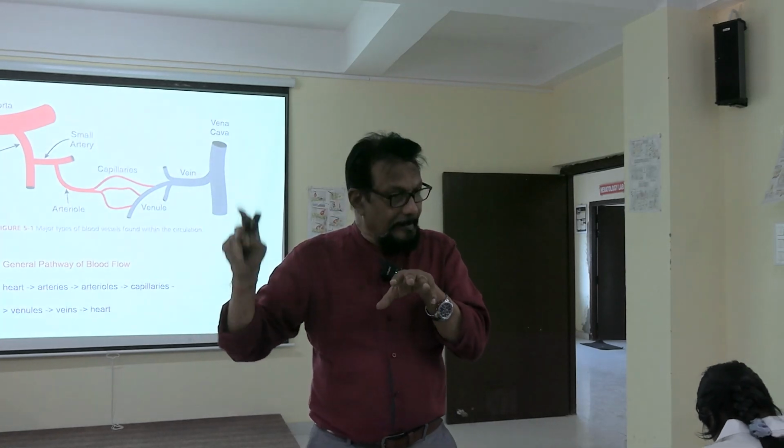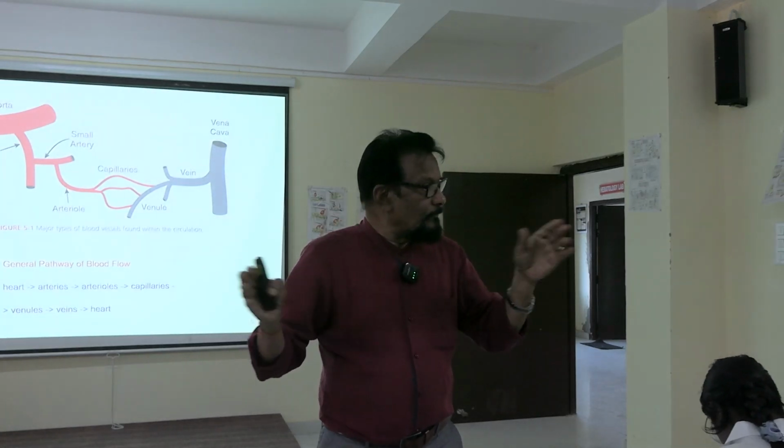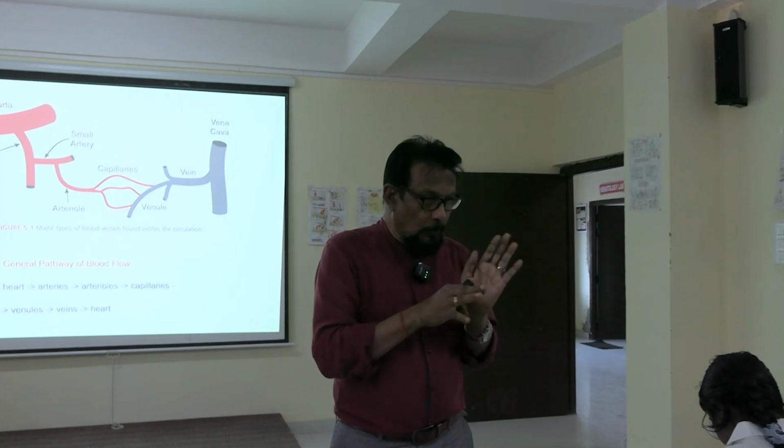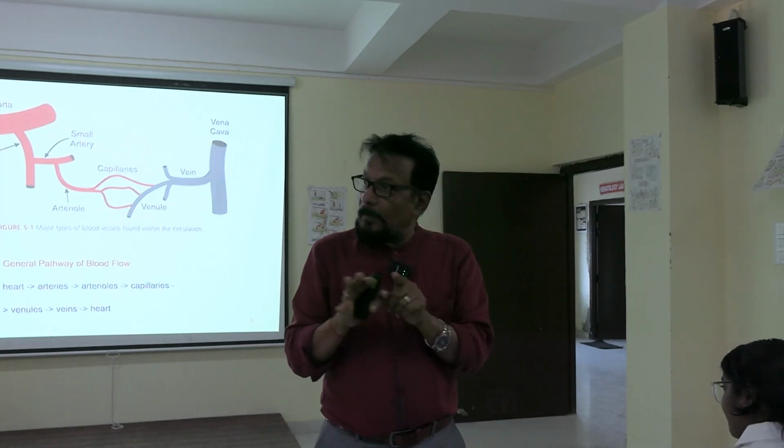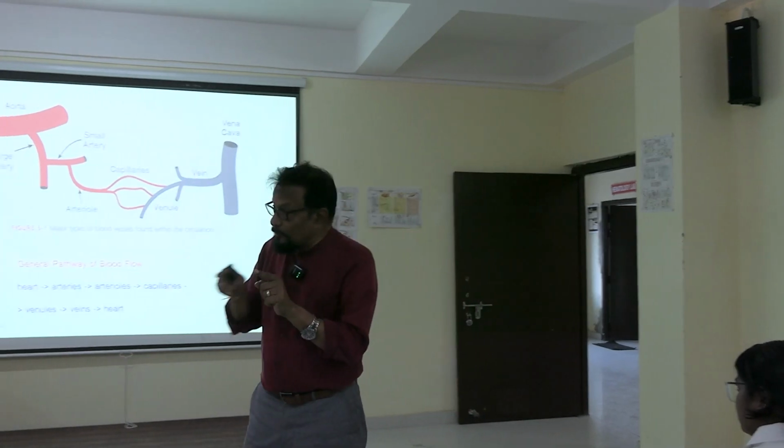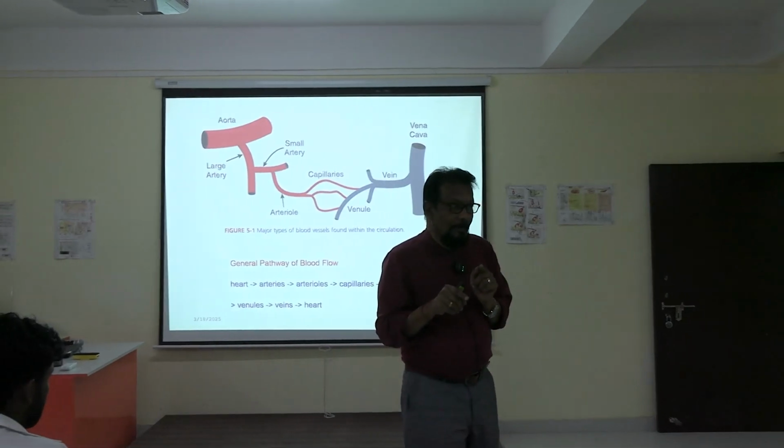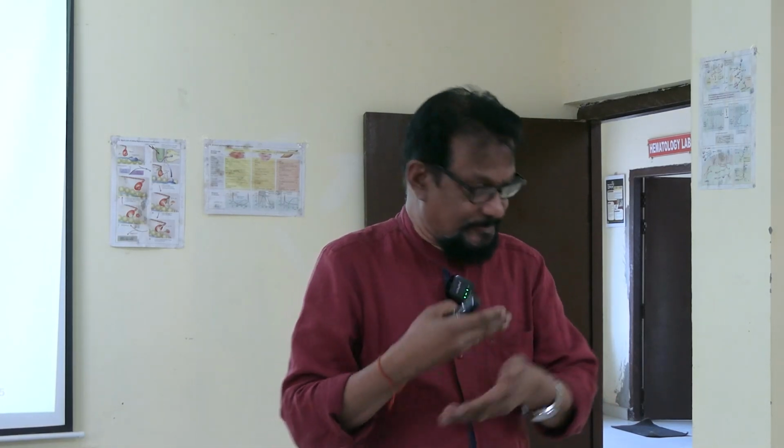In the capillary, flow and velocity should be reduced and time should be relatively more. If velocity is reduced, the existence of the blood near the cell will be more, so it will facilitate the exchange process. So that's why this sort of modification is made.